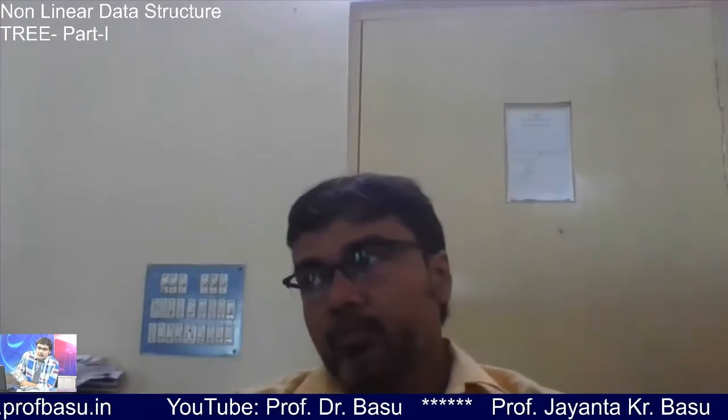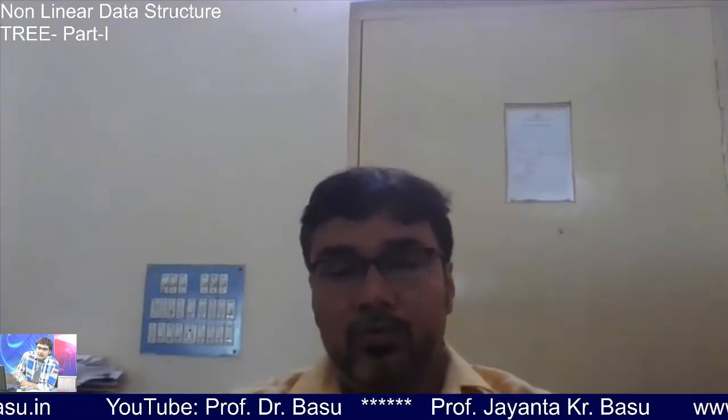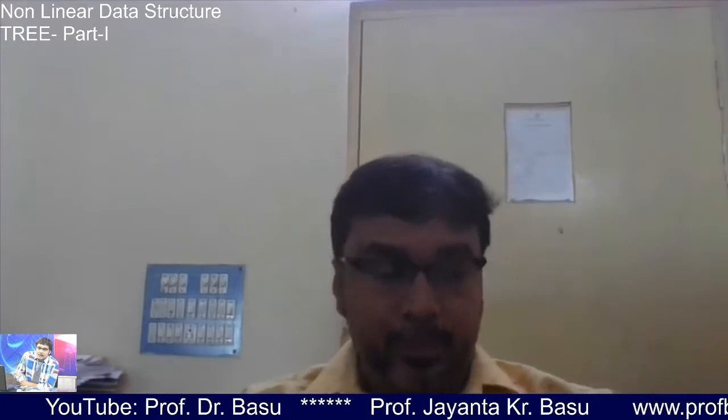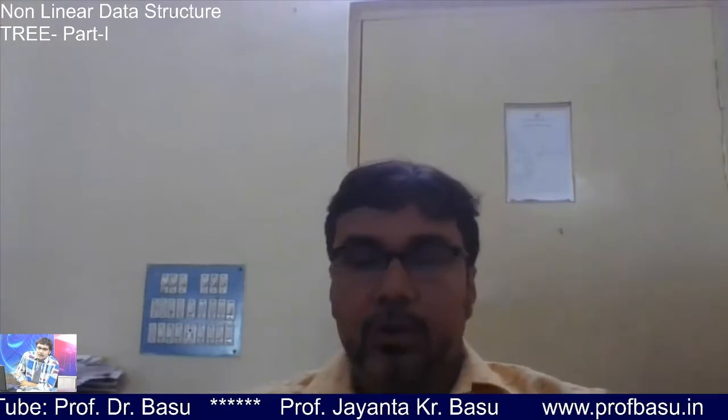So in a non-linear data structure, we can have separate paths connected with different nodes, and definitely there will be a starting node or root node, you can say. That's why the name has been given, the tree.